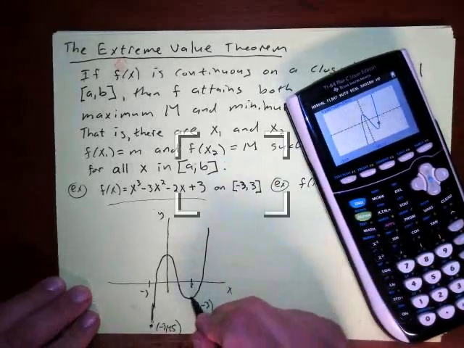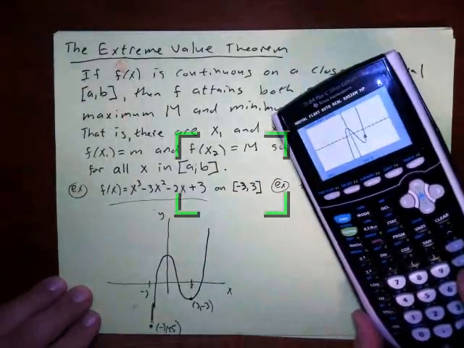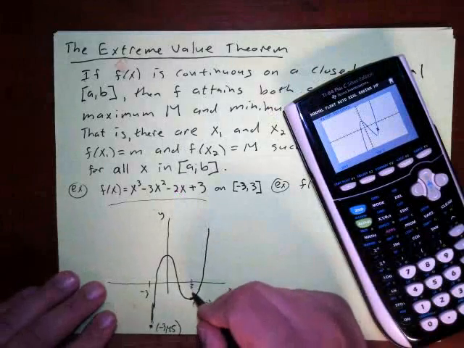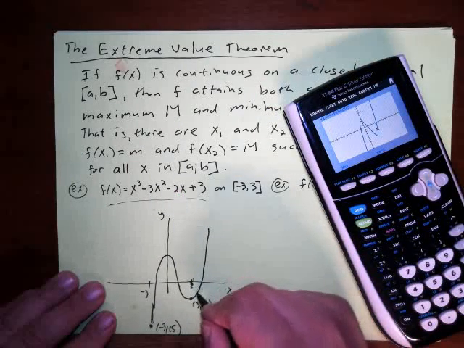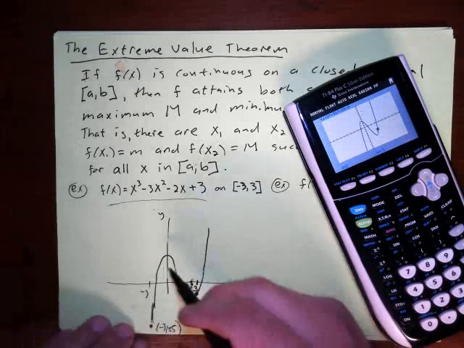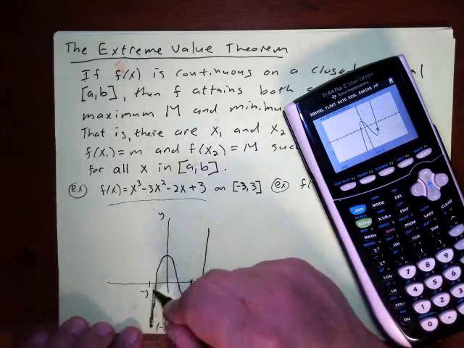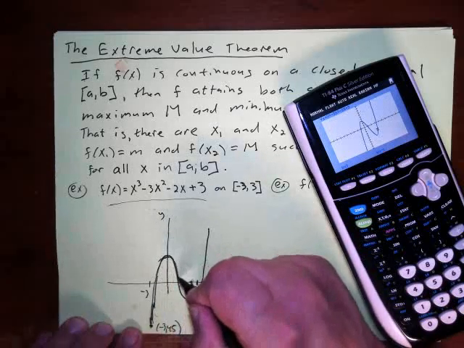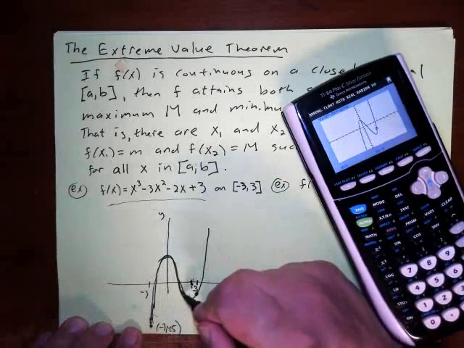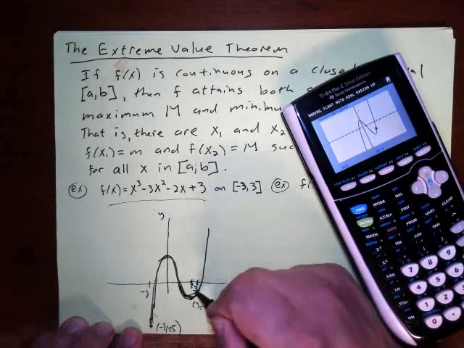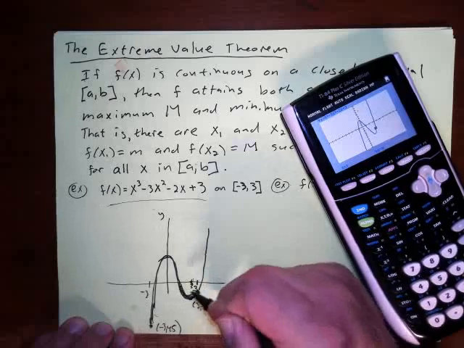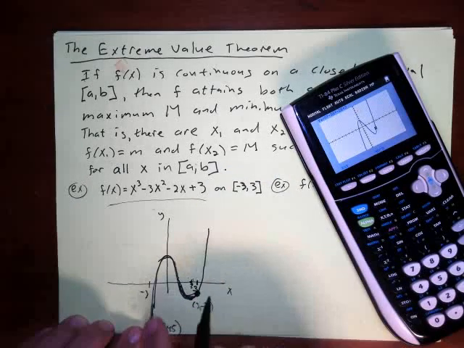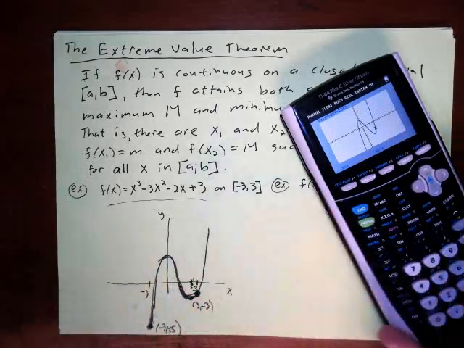So here at positive 3, this point here is like (3, negative 3). Okay? It's actually like right around here. So you really have this portion of the graph, and it's going to stop here, and this is what you're considering.